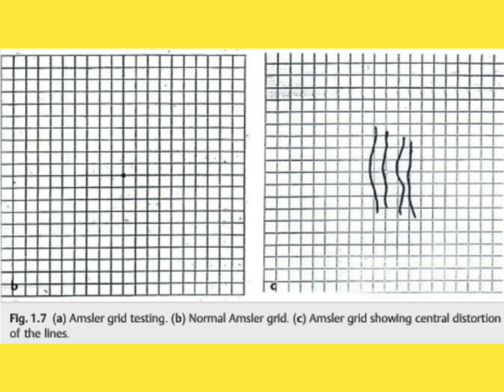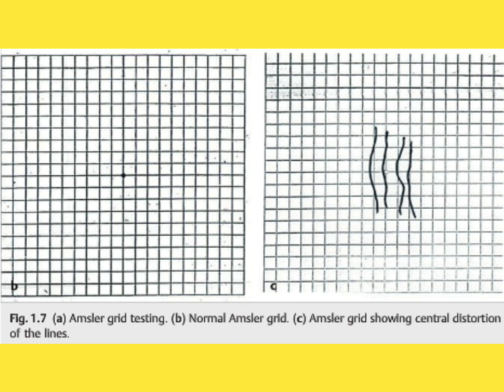And suppose the patient is under medication or under treatment for ARMD, so you need to check the progression of that ARMD. So you need to give the patient the Amsler grid card. You need to give several cards, and always instruct the patient to note on the Amsler grid card every day how he sees.